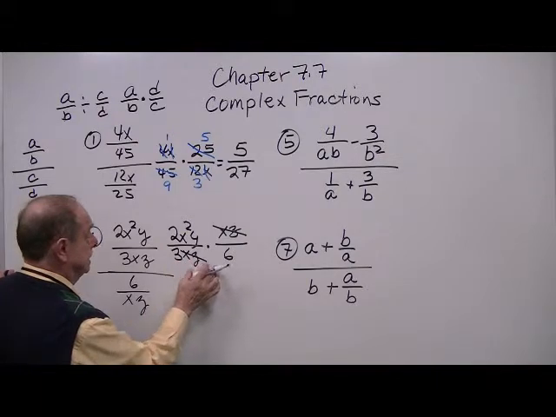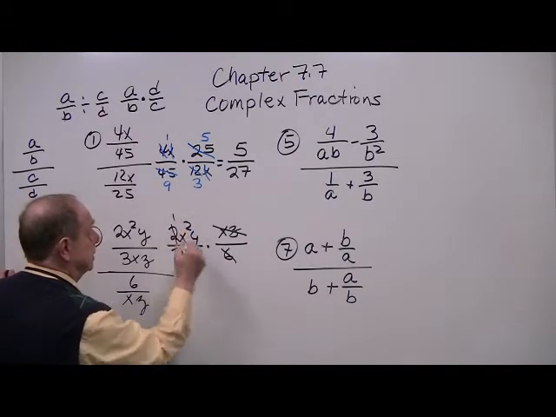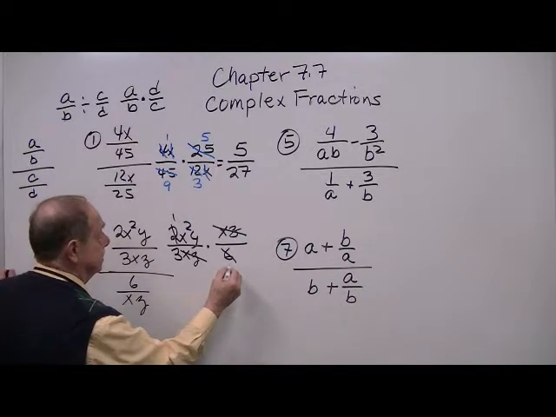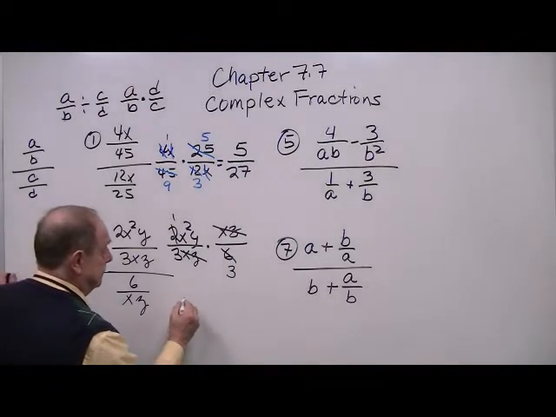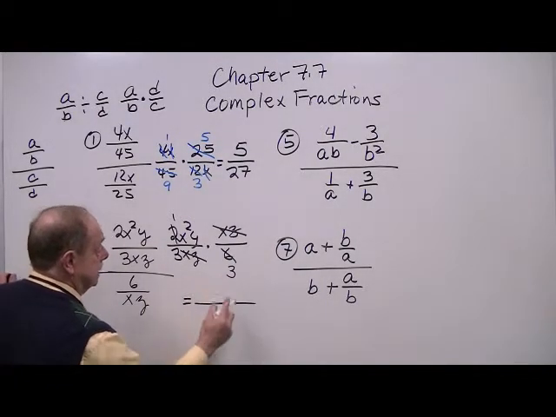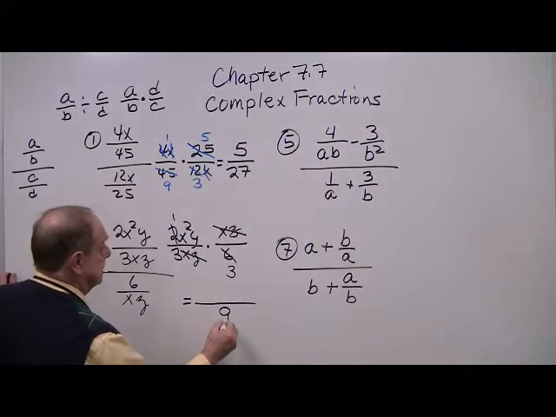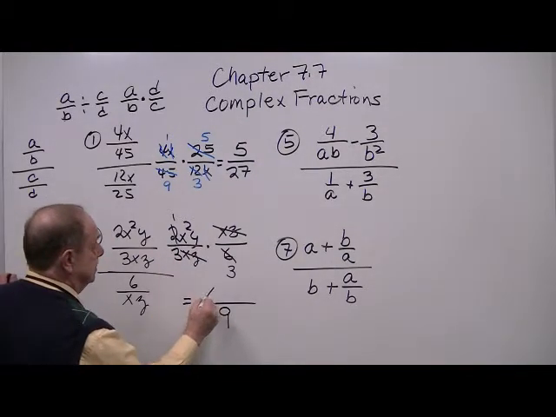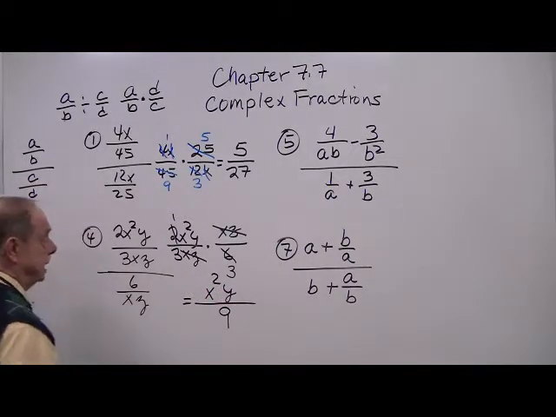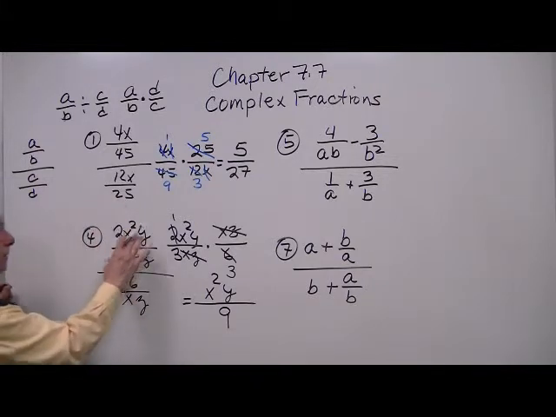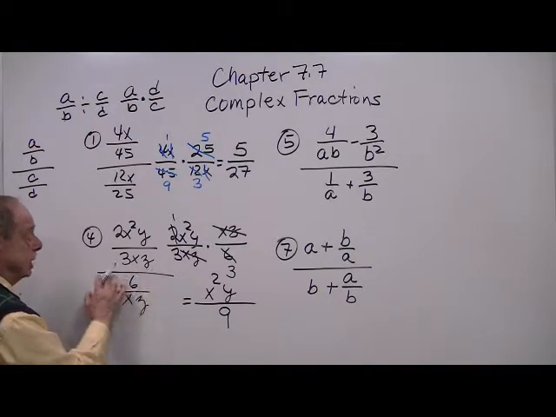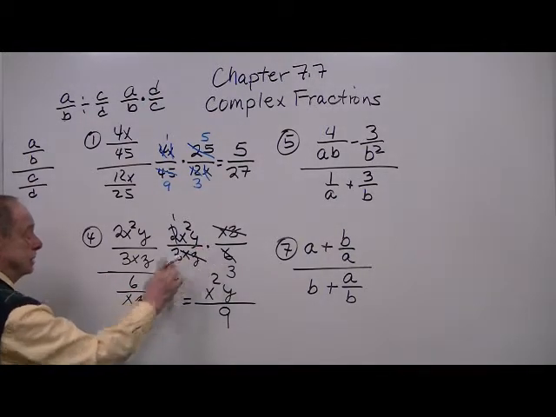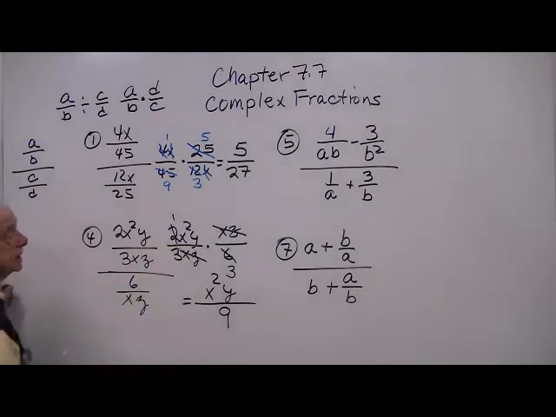The 2 here will go once, and here it will go 3 times. So what you're left with then, on the bottom, is a 9, and then on the top, x squared y. Once again, you have a fraction over a fraction. This is divided by. You change the divided by to multiplication. Flip this term, cancel out wherever you can.